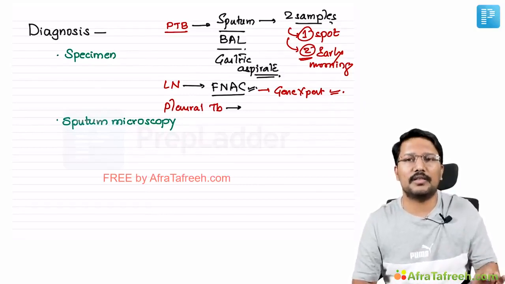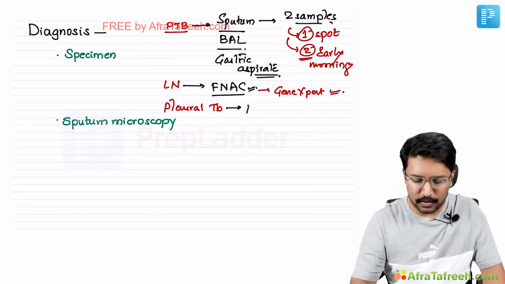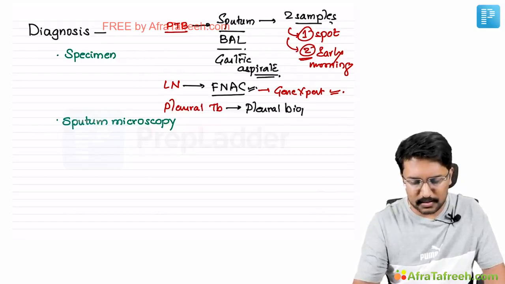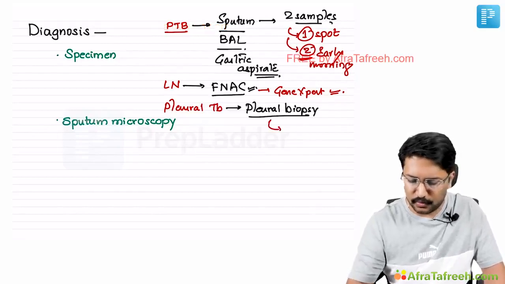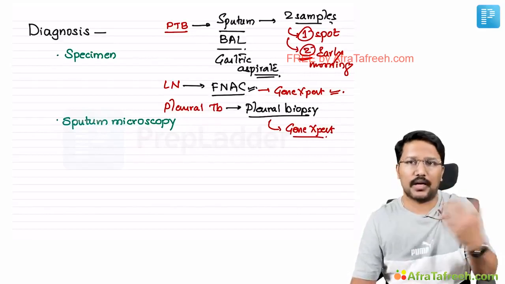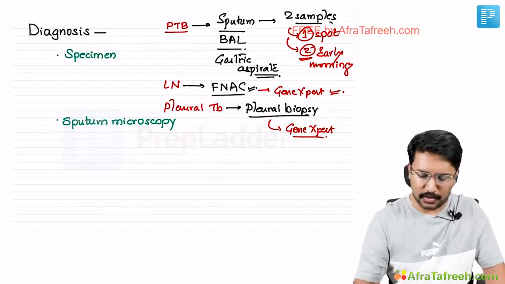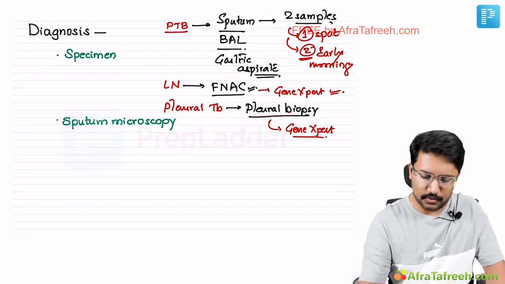So GeneXpert is not recommended on the pleural fluid. So what can we do? Pleural biopsy is the ideal sample, and on the pleural biopsy, most of the guidelines recommend that you go with GeneXpert rather than culture. If GeneXpert is negative, yes, you can think of culture. So pleural biopsy is the ideal specimen whenever you're thinking of pleural tuberculosis.